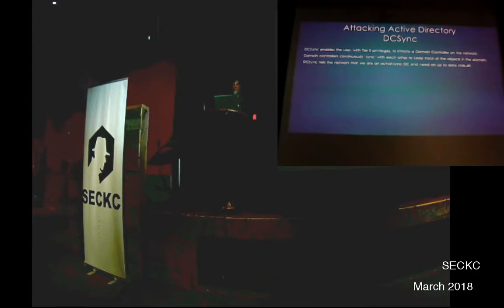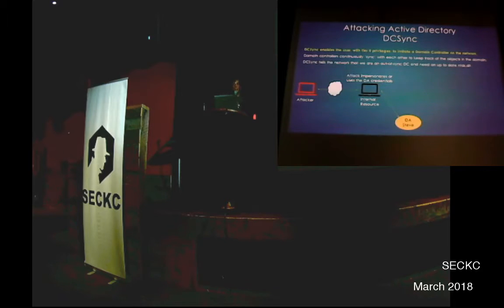DCSync, I really like this because it enables a user with tier 0 privileges to imitate a domain controller. So how this kind of works is you're an attacker and you've got a shell in a box, and that domain admin Steve guy, he either left creds on that machine or he's logged into the box currently so we can impersonate his user, or we just got his creds way earlier and we're just logging into the system because we want to go get an updated snapshot of everyone's passwords.